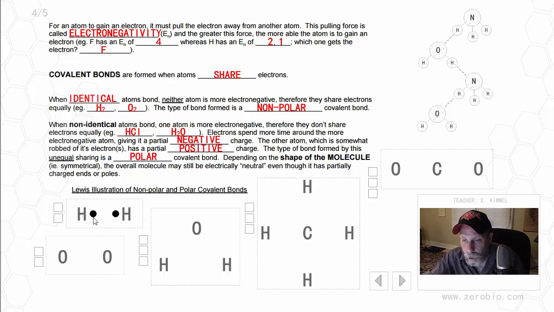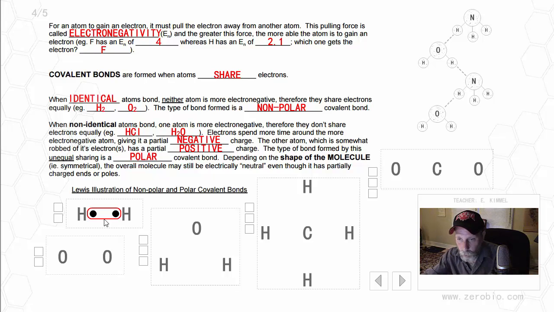And so you draw the symbol, the electron, that's the Lewis diagram, or the Lewis dot diagram, and then you circle the bond. Now, a chemical bond, in this case, a covalent bond, is drawn as a circle or ellipse or whatever, round or rectangle, around the electrons that are involved with bonding.